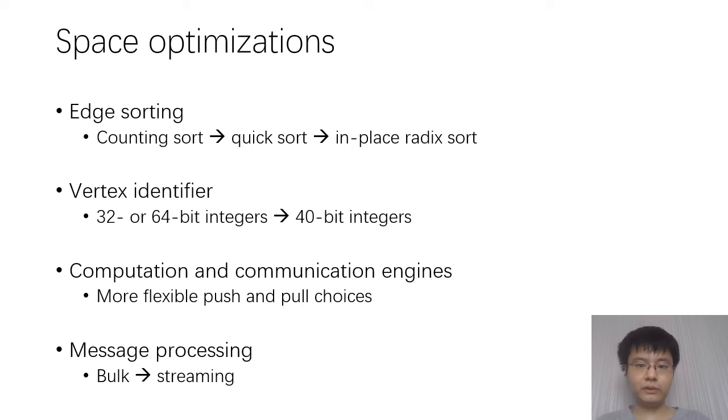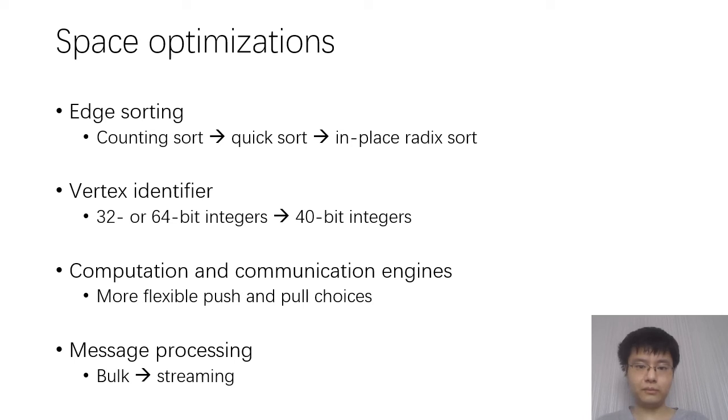For edge sorting, we switch from the original counting sort that includes multiple passes of input data transfers from the data source to quick sort that requires only one pass, and finally choose an in-place radix sort that is both time and space efficient. Another interesting choice is the implementation of 40-bit integers for vertex identifiers, and this allows larger capacity than 32-bit integers, but is enough to hold a trillion vertices and a lot more space efficient than 64-bit alternatives.